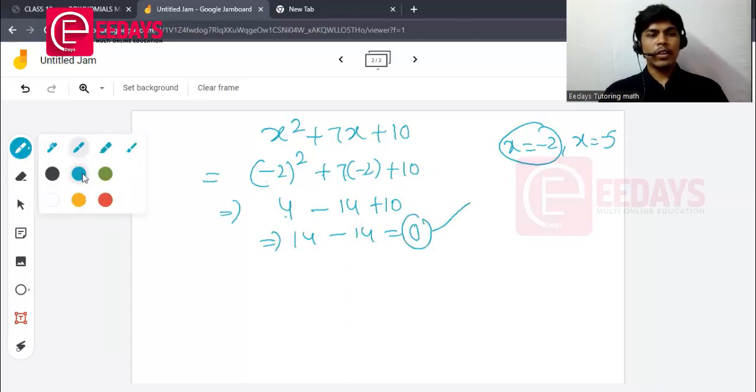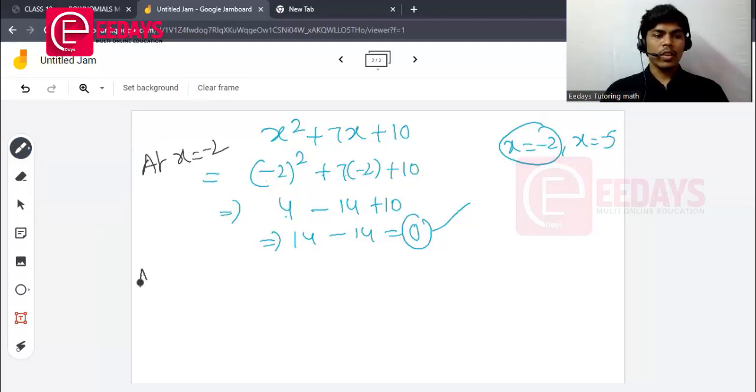Okay. Now at x is equal to -5, we just cross check like this: x square plus 7x plus 10. If you are getting 0, then it is the correct answer.